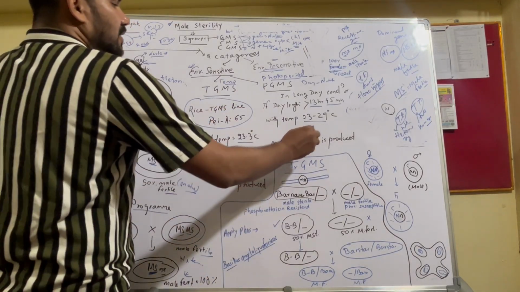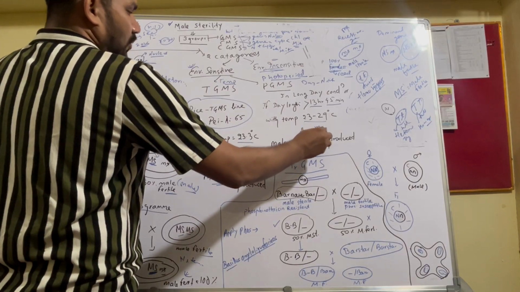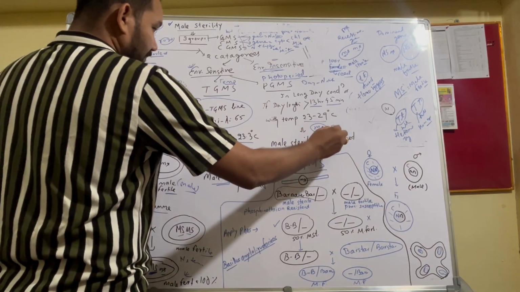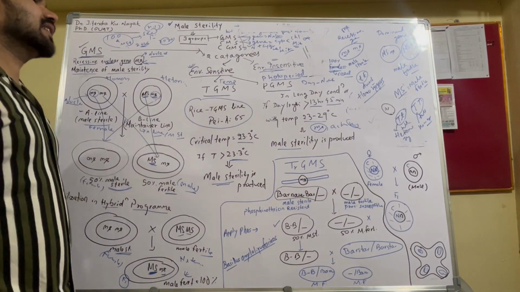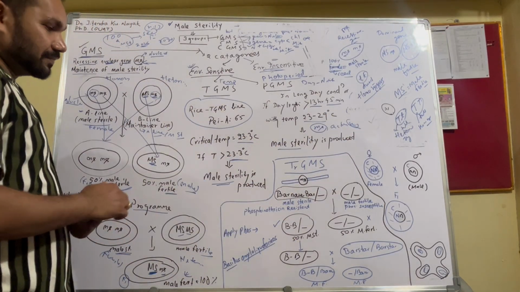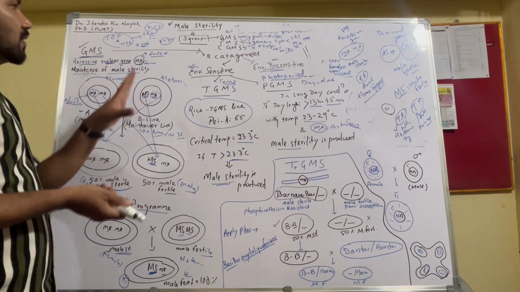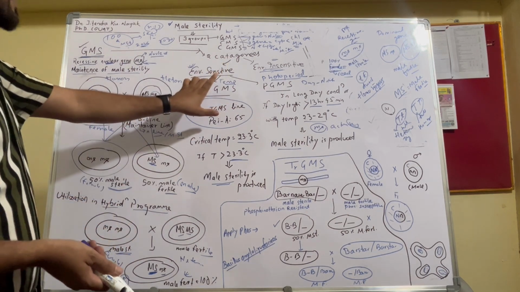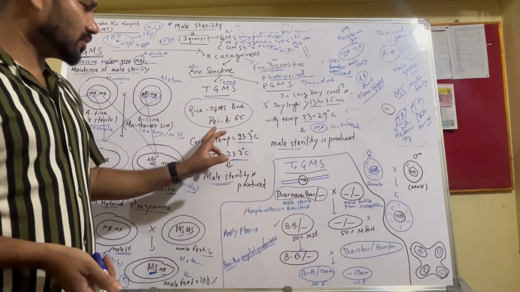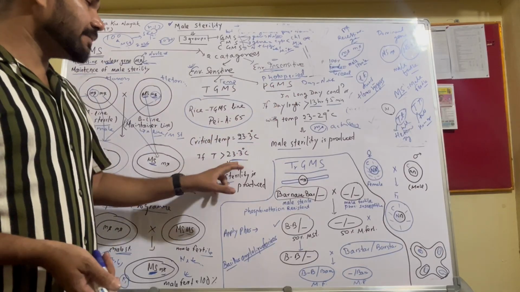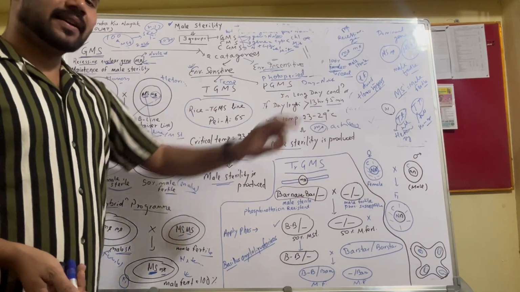Or we can say the small ms gene present in the nucleus becomes active in homozygous condition. This is called the environmental sensitive condition. So there are two groups, environmental sensitive and insensitive, with temperature and photoperiod (PGMS). Just remember the temperature and the day length.